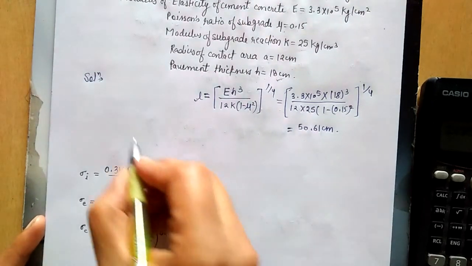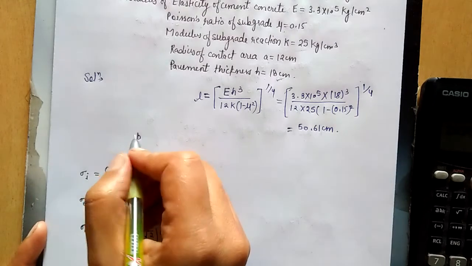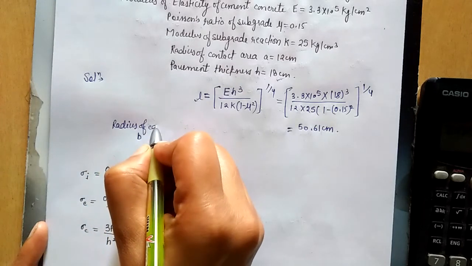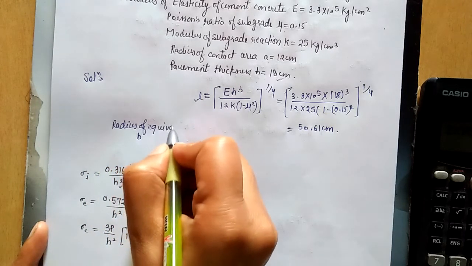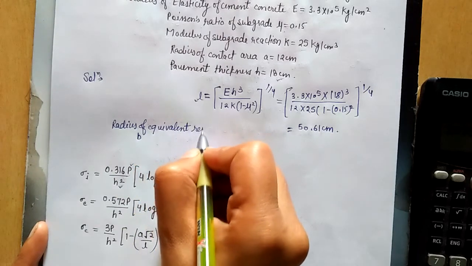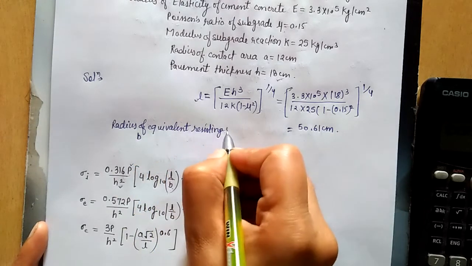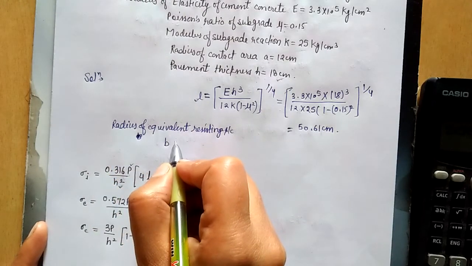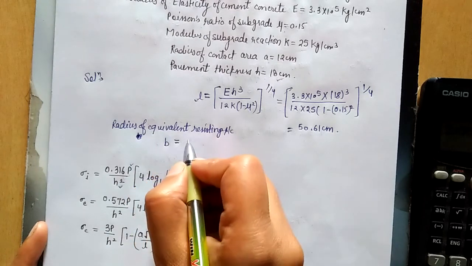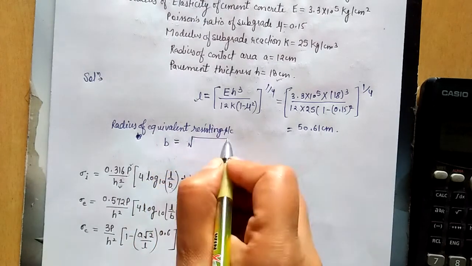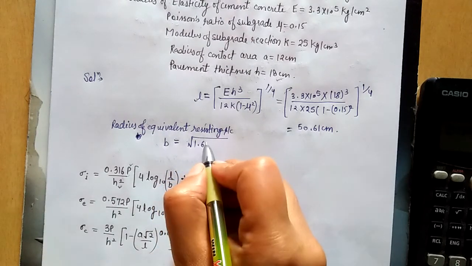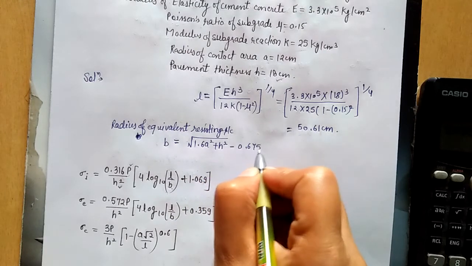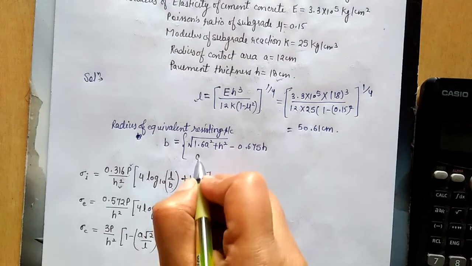How can we find our b? Radius of equivalent resisting section b is equal to under root of 1.6 a square plus h square minus 0.675 h, and b equals a.